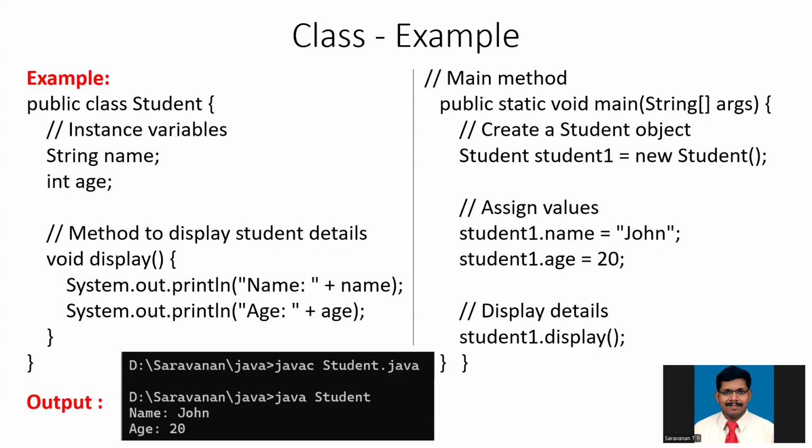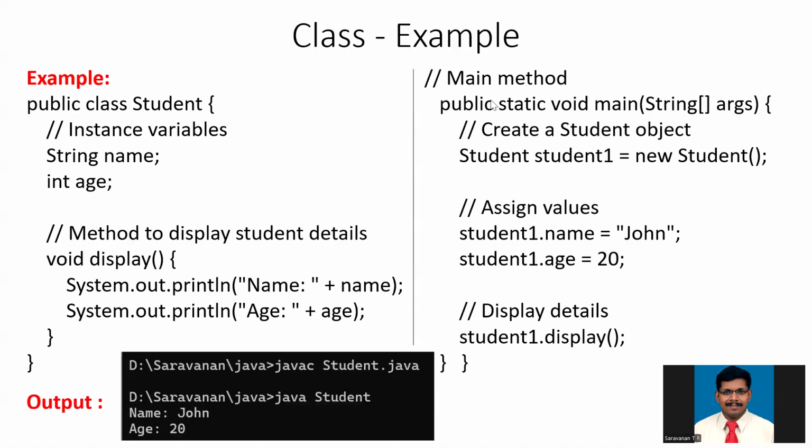Now, when you talk about methods, methods are similar to functions. Here we have display as a function. Here we have variables name and age.